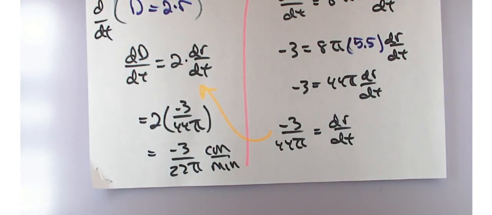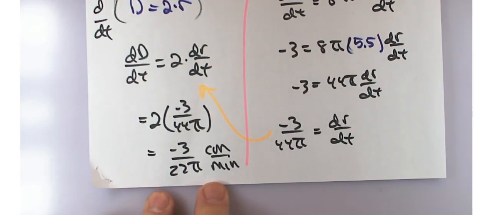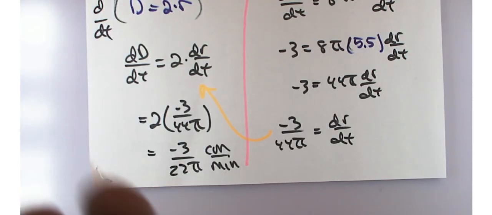Pretty small overall. I don't know, let's see, about 0.04 something, 0.045 maybe, centimeters per second. So not a big amount, but that's neither here nor there. Are we okay with our work on this one?